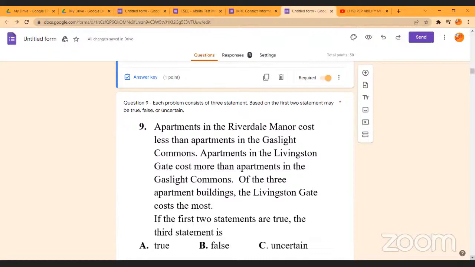Of the three apartment buildings, the... cost the most.